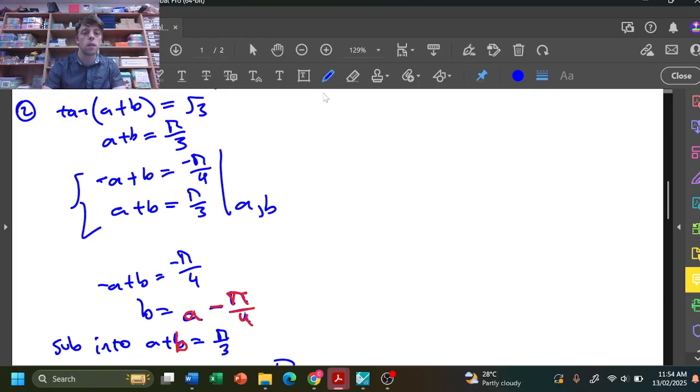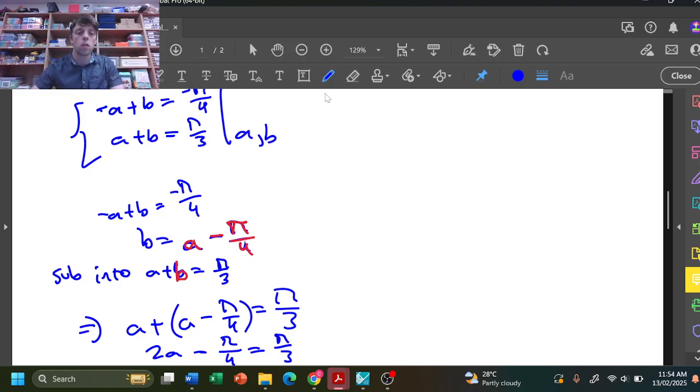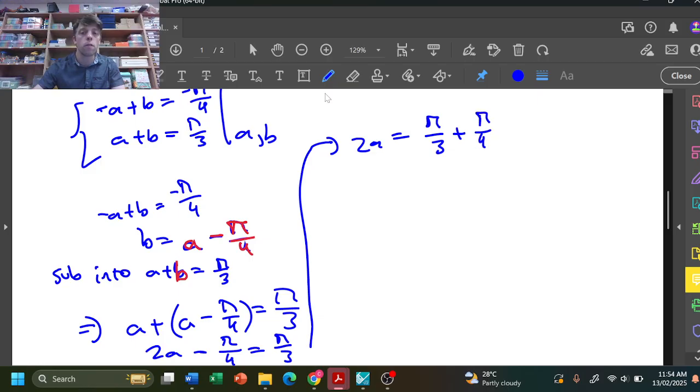And we're going to have to keep going with this. So let us just move up here so there's a bit more space to work with. What I can next do is add pi on 4 to both sides. So we end up with pi on 3 plus pi on 4. Okay, and now we have two fractions with different denominators. We need to write them with the same denominator.